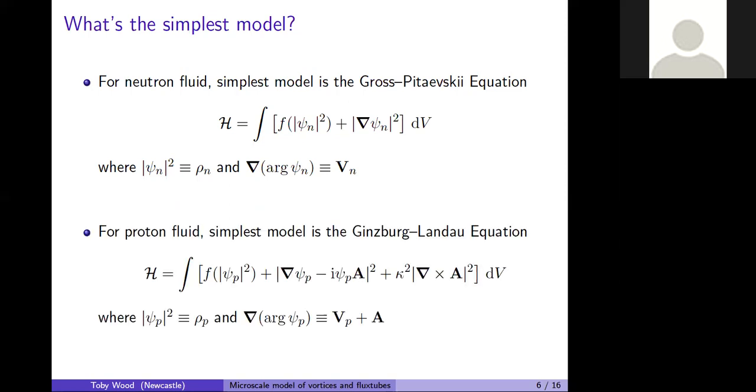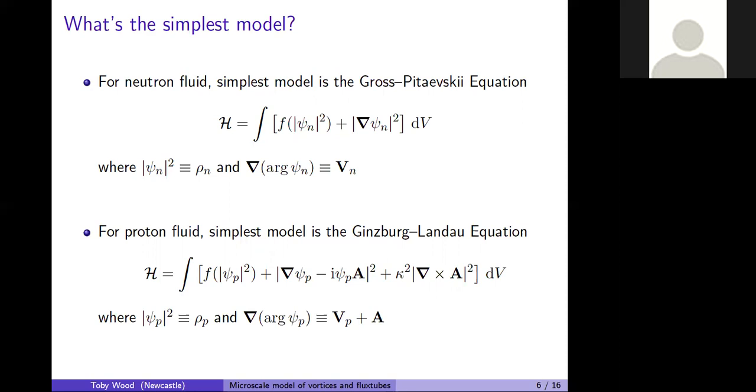For the proton fluid, it's a little bit more complicated because, of course, it's charged. So it has to be coupled to the magnetic field via the magnetic vector potential A. The standard way of doing this is with the minimal coupling as in the Ginzburg-Landau model. So it's basically the same thing, except that now there's an interaction between psi p, the order parameter for the protons, and A, the magnetic vector potential. Plus, of course, we have to include the magnetic field energy in the model.